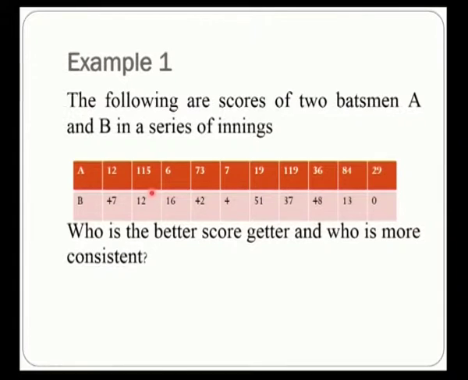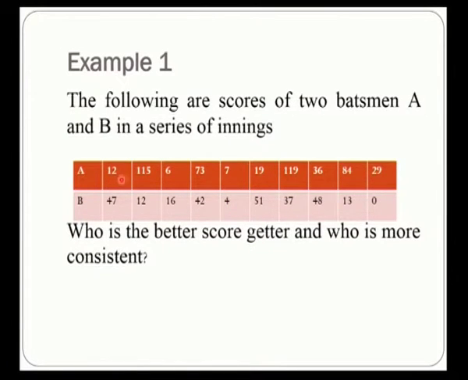Now, apply this standard deviation and variance in the following example. Here in this example, the scores of two batsmen, batsman A and batsman B, are given in a series of innings. Which batsman is the better scorer and who is more consistent? Statistically, we need to predict based on their scores in different innings.